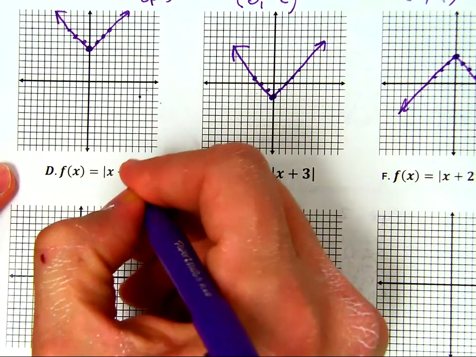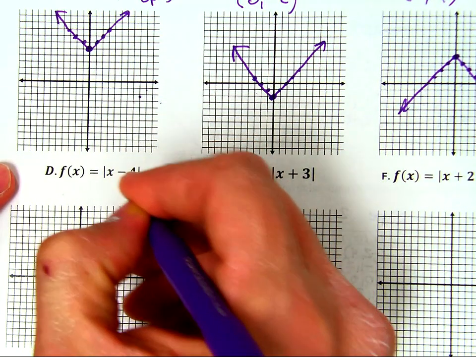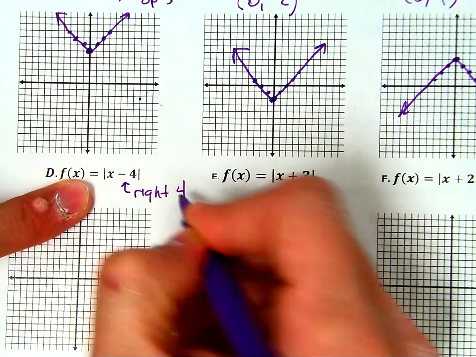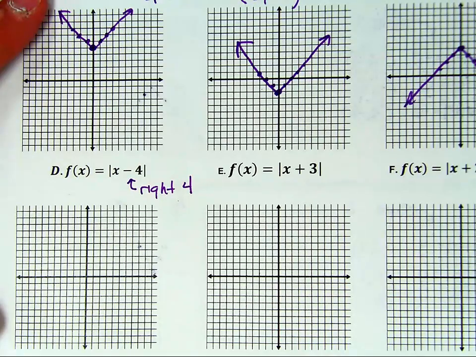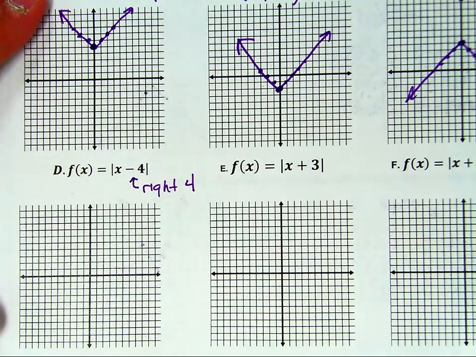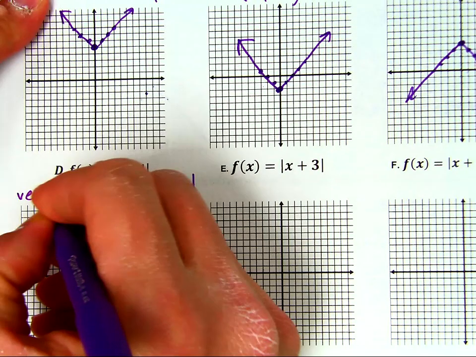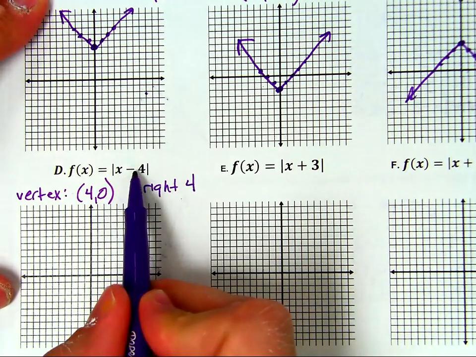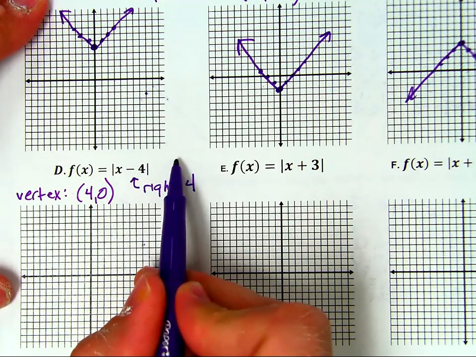If I am subtracting 4, this is actually going to shift the graph right 4 units. I know it says minus 4, but it's still going to shift the graph right 4. So that makes our vertex (4, 0). We affected the x value. We did not affect the y value.